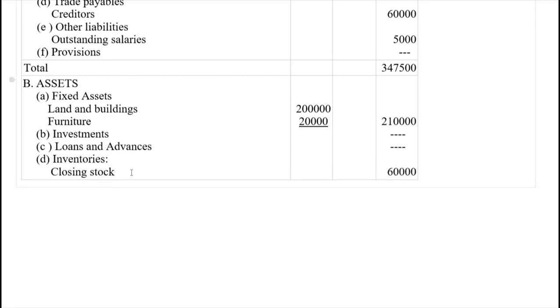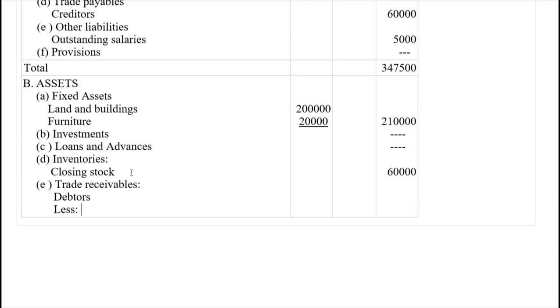Then the next one, E, that is trade receivables. So under trade receivables we have got debtors less RDD.